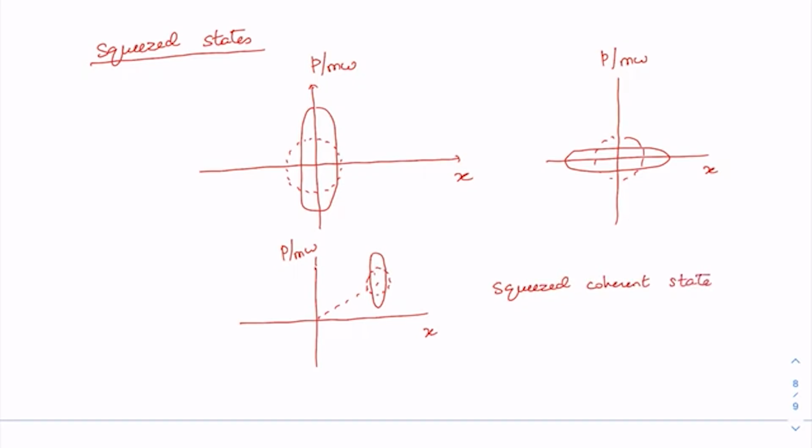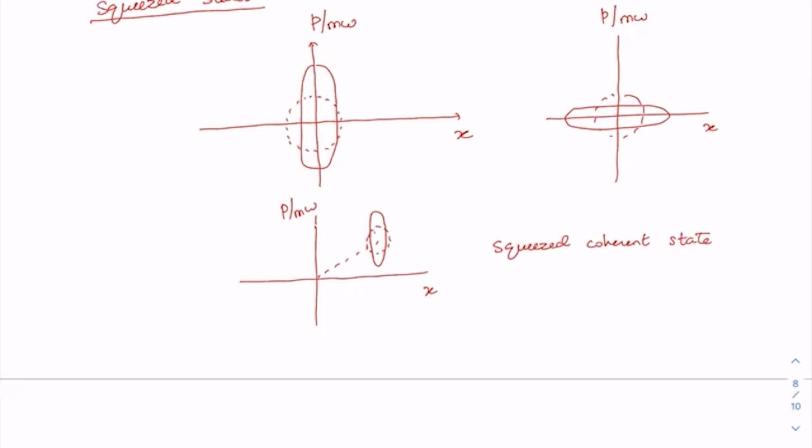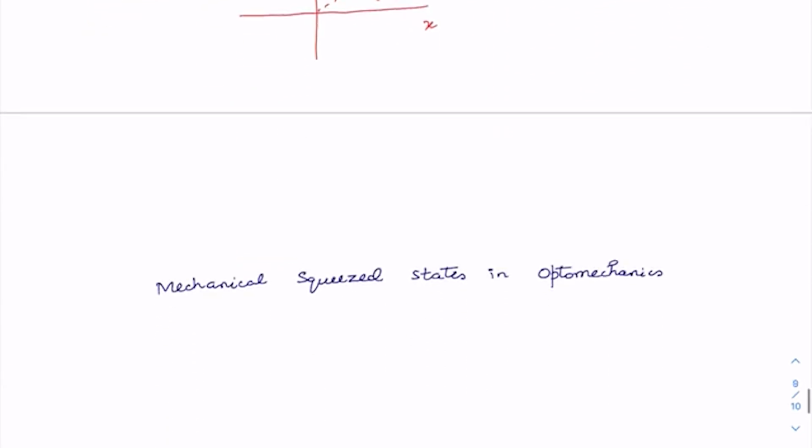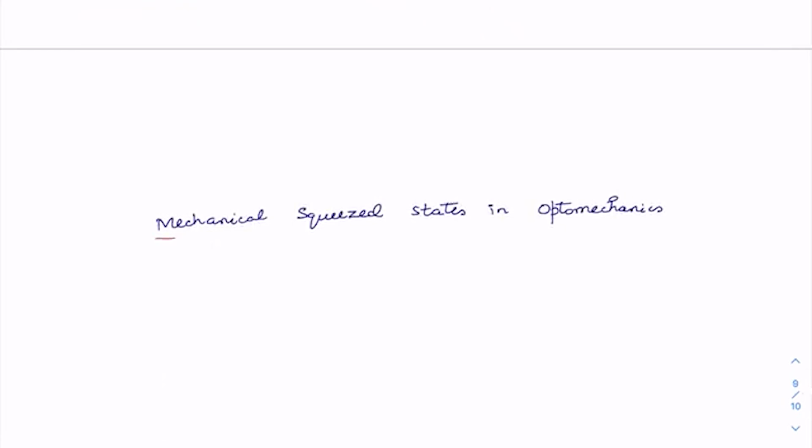Okay, now let me give you a brief idea about how mechanical squeezed states could be generated in optomechanics. A good insight could be obtained if we discuss classical squeezing in a classical mechanical harmonic oscillator.